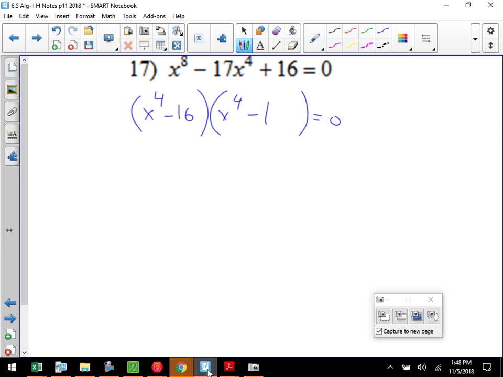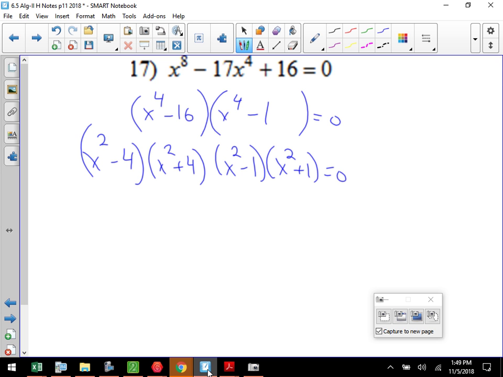Now, aren't those both differences of squares? What's the square root of x to the 4th? x squared. What's the square root of 16? 4. Is that a subtraction sign? Yeah. So I get x squared minus 4, x squared plus 4, x squared minus 1, and x squared plus 1.